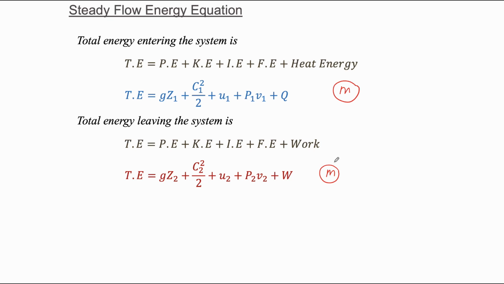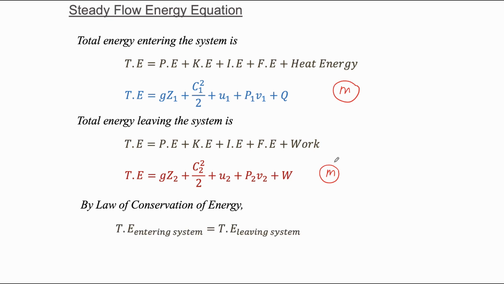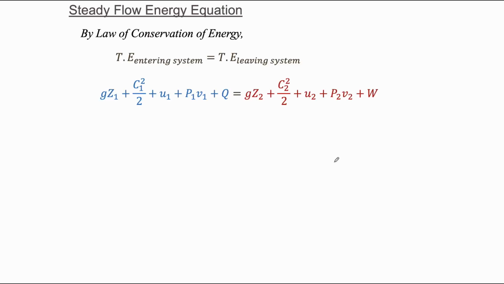And we know by the law of conservation of energy, the total energy entering the system will be equal to total energy leaving the system. So we can equate the energy at the inlet and the outlet like this.